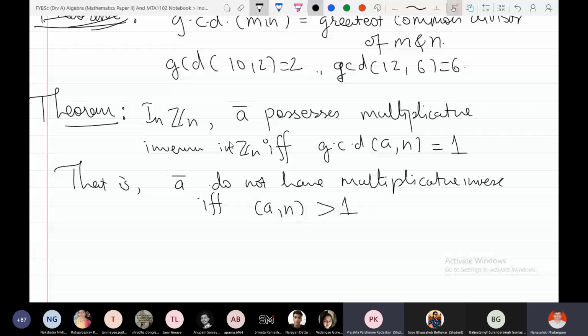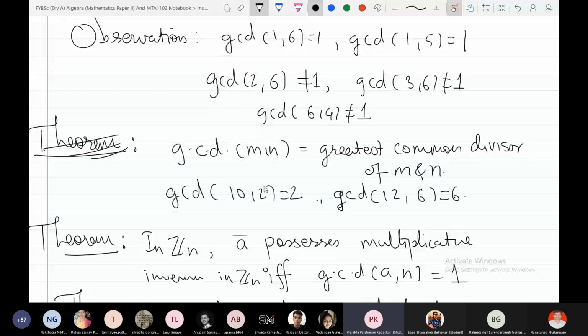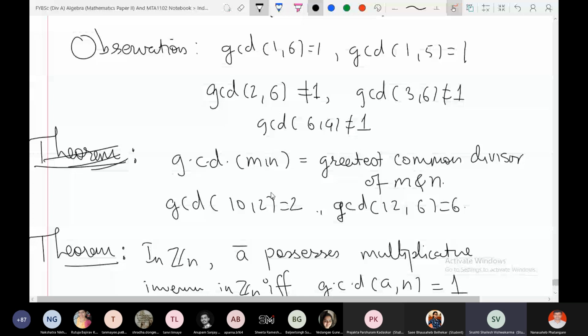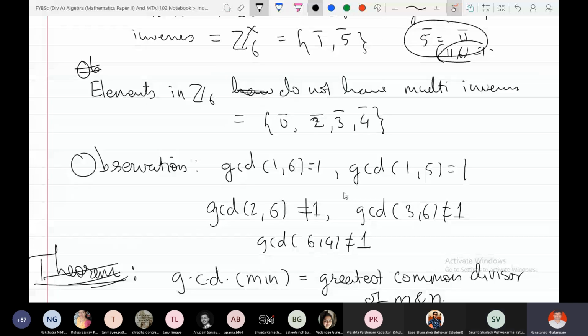Okay, fine. So this is clear. Sir, can you please scroll a bit? GCD of 5 and 6 is also not 1, right? In this observation. Oh, I wanted to say 5 and 6.